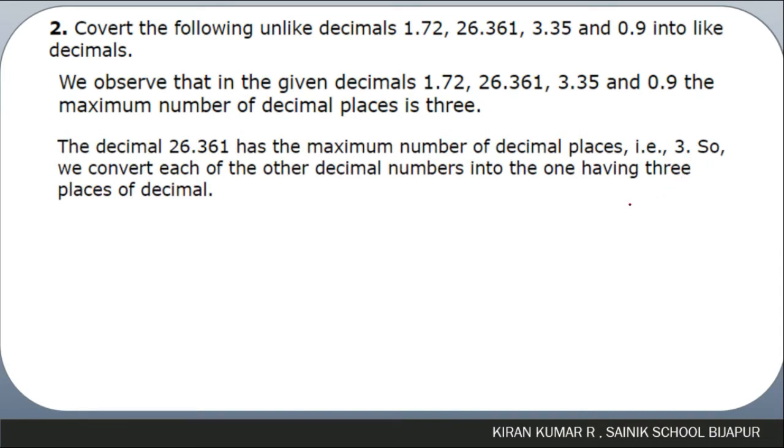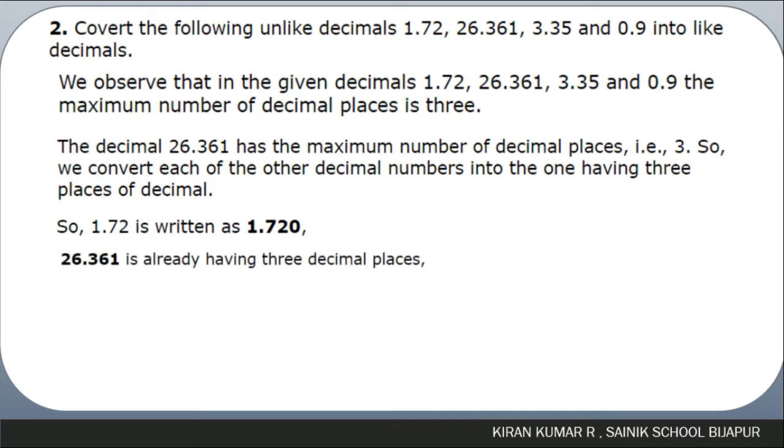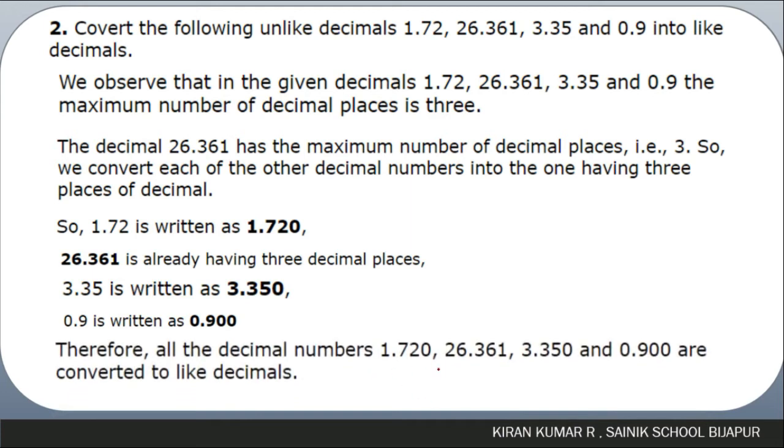So we convert the other decimals into ones having 3 decimal places. 1.72 is written as 1.720. 26.361 already has 3 decimal places. 3.35 is written as 3.350. 0.9 is written as 0.900. Therefore, all these numbers have been converted into like decimals.